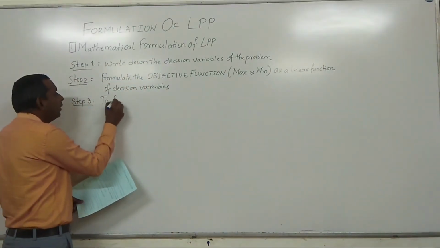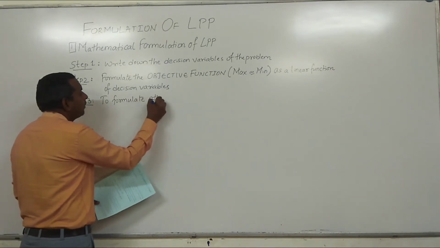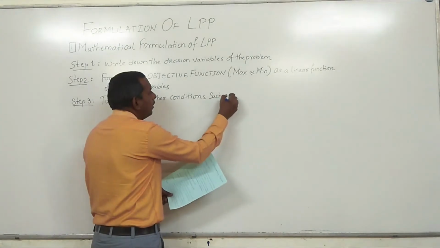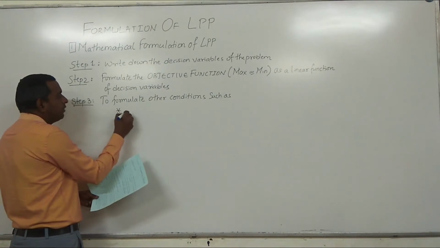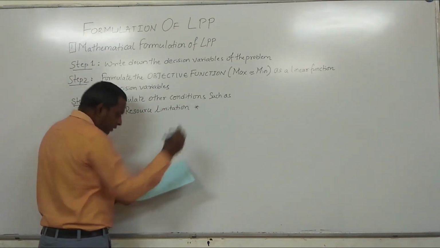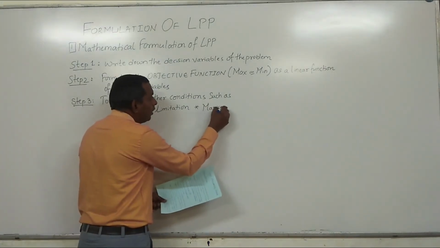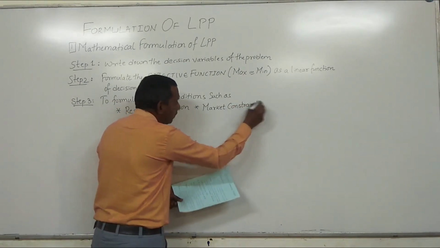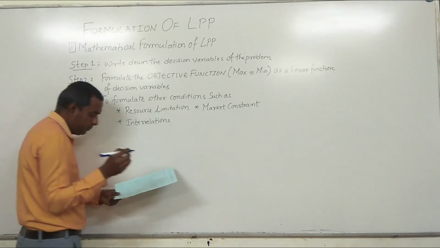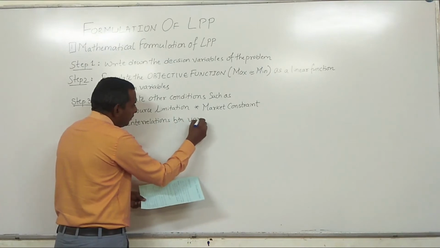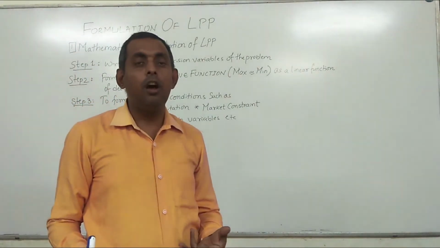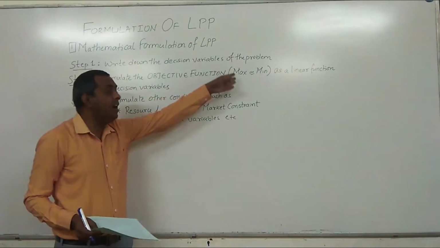To formulate other conditions such as resource limitation, then market constraints, then interrelations between variables, etc. So these are all called restrictions or constraints, with respect to the linear function.